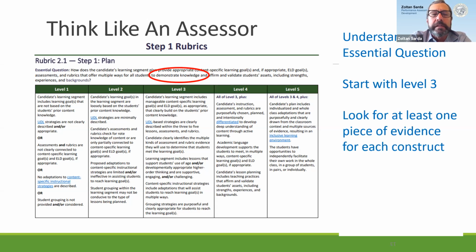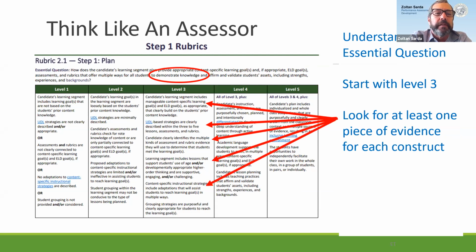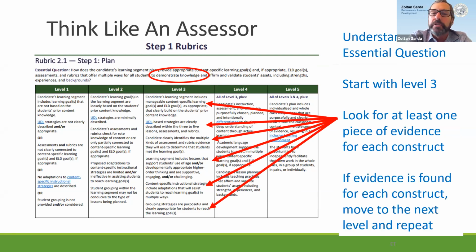And if all 6 constructs, like in rubric 2.1, they find a source of evidence for each of those, then they will move on to level 4. If there is not evidence for one of those constructs, they will move down to level 2 and keep going until they see where you have evidence for all the constructs.